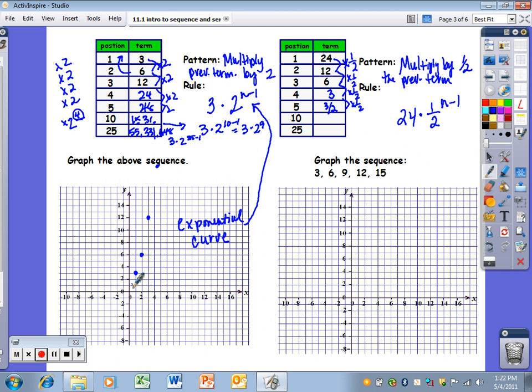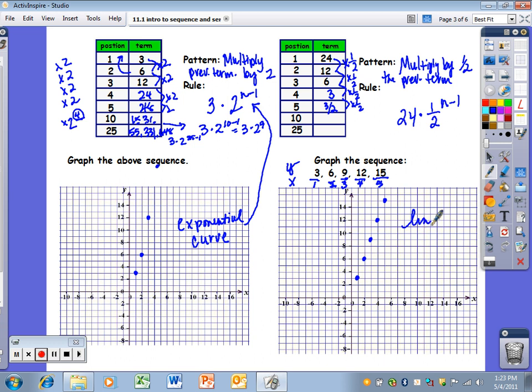Let's try this sequence. First I have 3, second I have 6, third I have 9, fourth I have 12, fifth I have 15. So these are my x's and these are my y's. 1, 3, 2, 6, 3, 9, 4, 12, 5, 15. What's this look like?